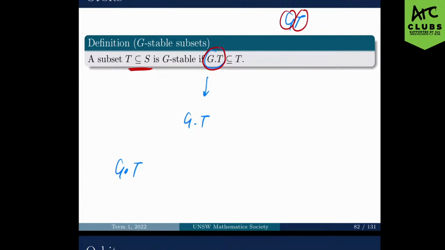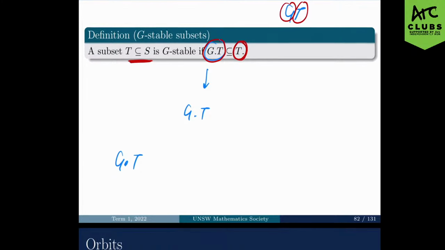It's still a subset of T. So another way this is commonly written is G dot T is an element of T for all G in the group and T in the subset. Basically, we're saying we don't get any new elements from doing the action on this set.